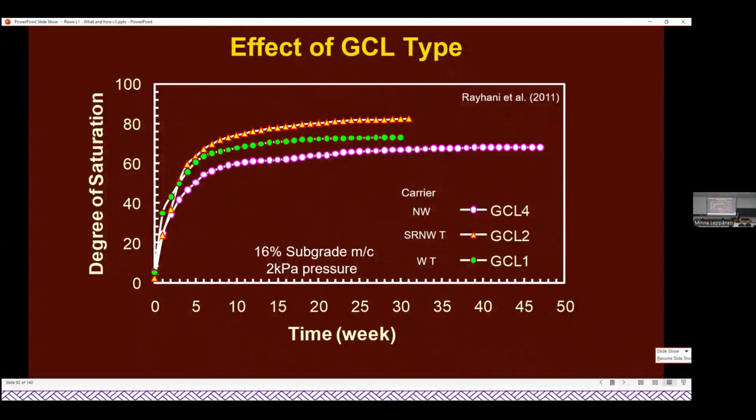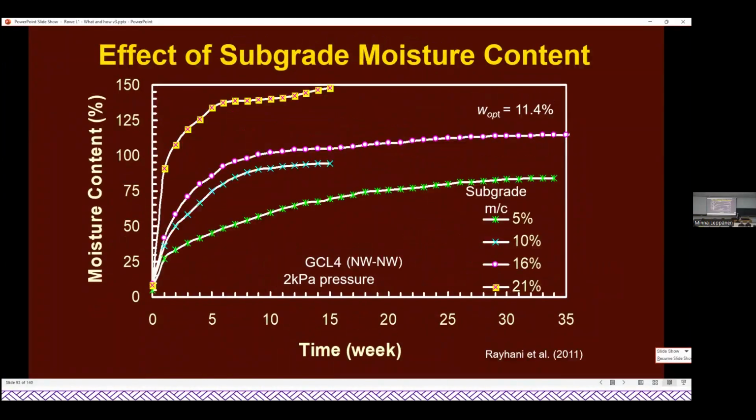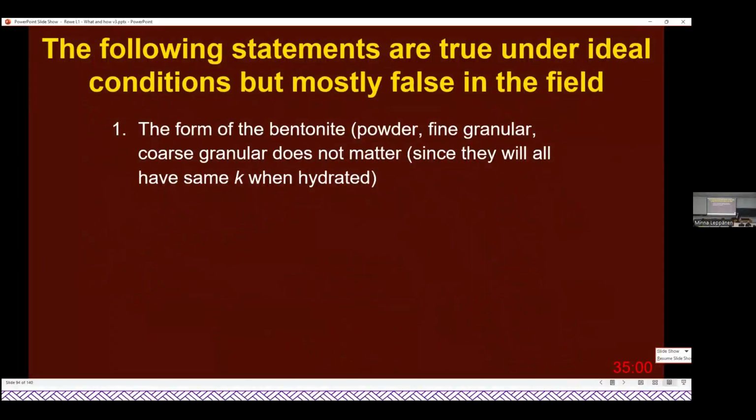And that will affect its long-term performance. So the product, the water content of the subgrade, the nature of the subgrade, are all going to affect how it hydrates. So the following statements are true under ideal conditions, but mostly false in the field.